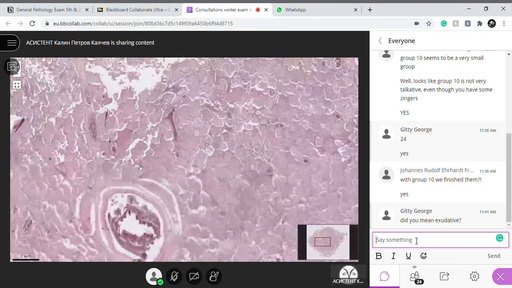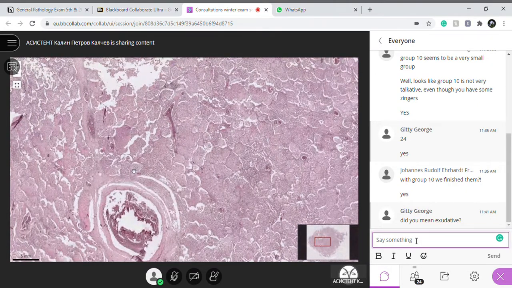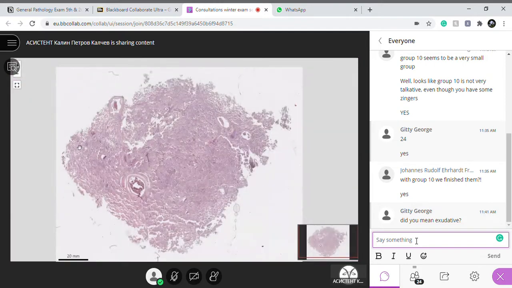Another thing that you can find here is that most of the specimen is occupied by this inflammatory infiltrate, and there are no airborne alveoli at all. When we see such a phenomenon, we define this as lobar pneumonia.